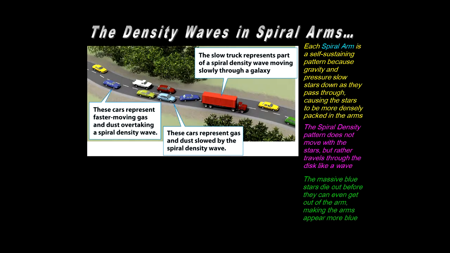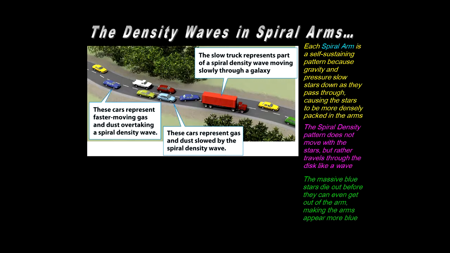The really big stars will die out before they have a chance even to pass through an entire arm. So you see an enhanced amount of light, OB star associations in particular, that live and die in the arm.